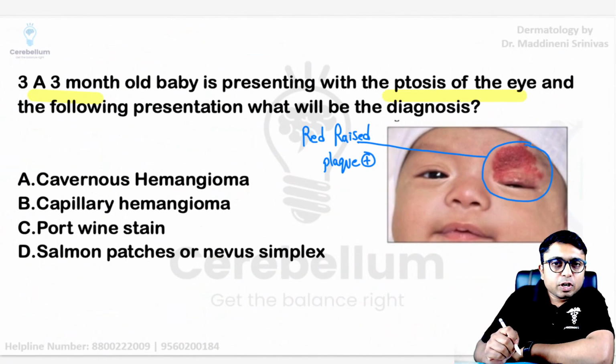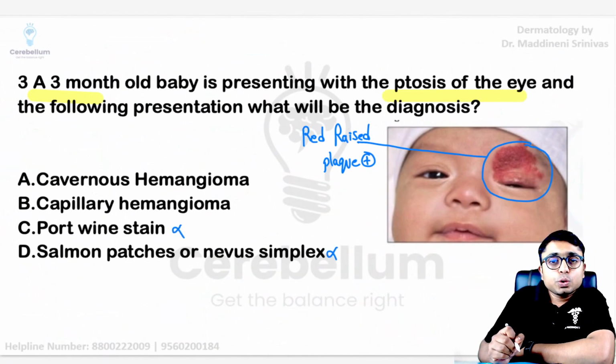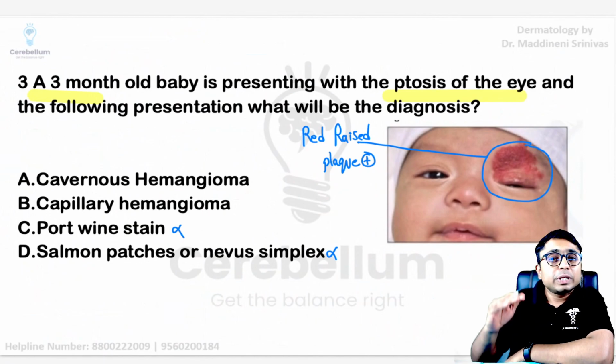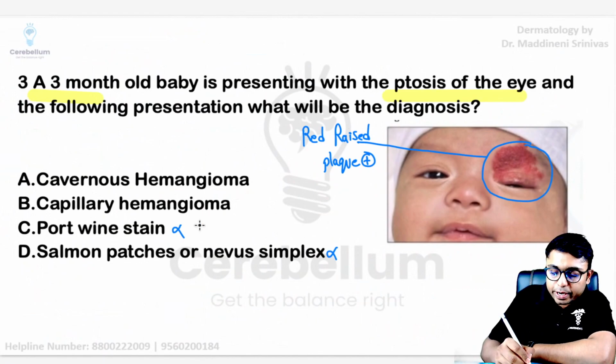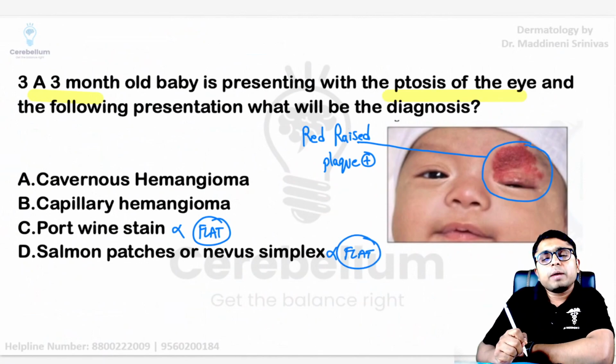Among the given options, if you look carefully, port wine stain and salmon patches are not going to present with raised skin lesions, but with flat erythematous lesions. So these two can be ruled out.